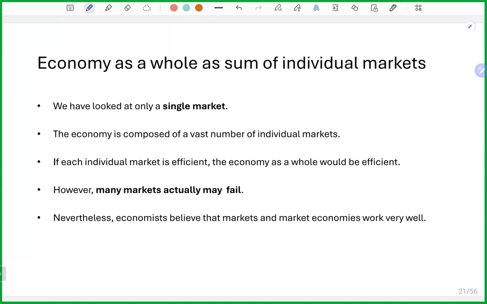What are the markets where markets fail to achieve efficiency? Why can markets fail? What are the reasons why markets may fail? Think about it.